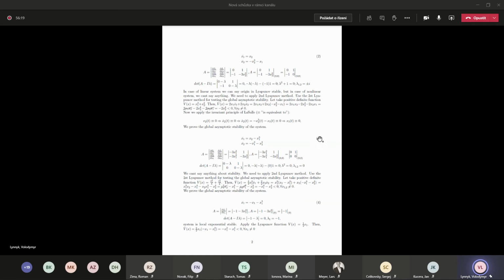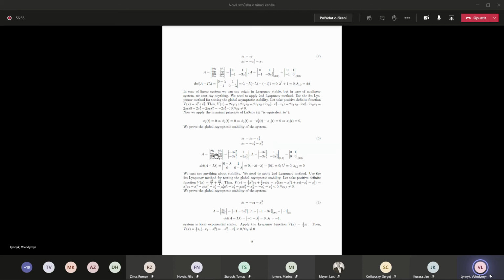The next example is x1 dot equals x2 minus x1 cubed, x2 dot equals minus x1 cubed minus x2 cubed.